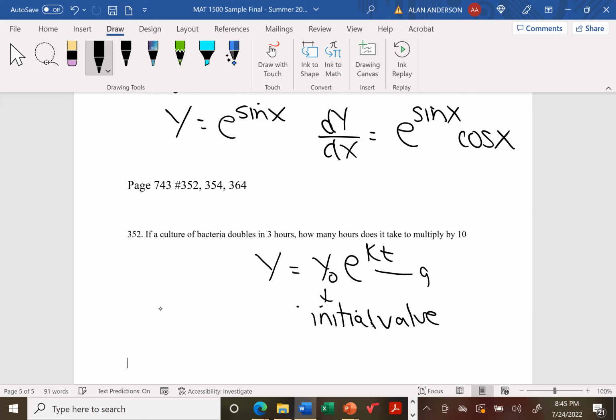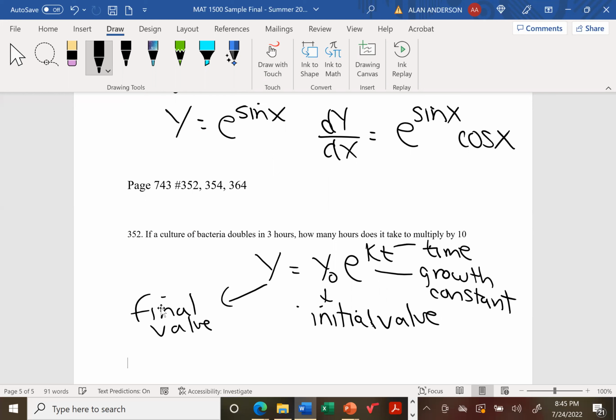This is the growth rate, or growth constant, they call it. And this is time. You can think of this y as the final value. And we can rearrange this thing and solve it for whatever we need.